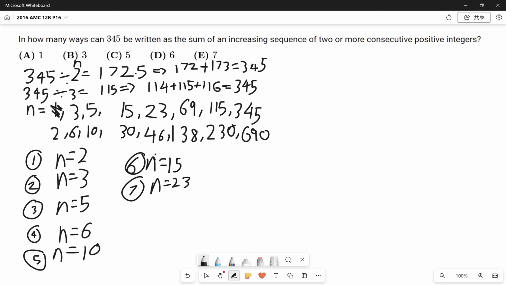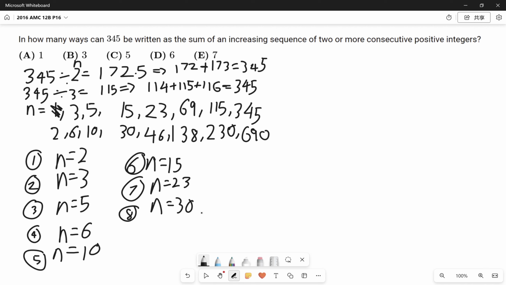What about case 7, when n is 23? When n is equal to 23, there's a problem over here. So obviously 345 over 23 is 15. That works, right? So 15 is the average. Now all you have to do is take 11 numbers that are less than 15 and 11 numbers that are larger than 15. So actually no, there's no problem with this. So n equals 23 also works.